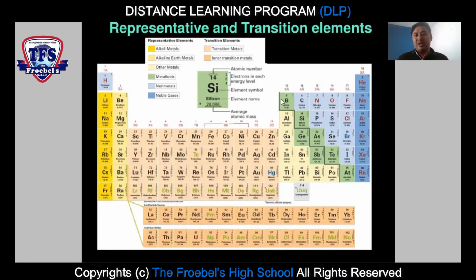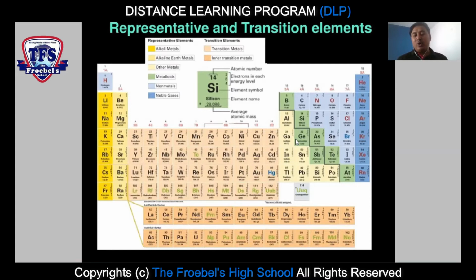Right? And on the staircase, this is the staircase, we get metalloids. Metalloids are found in the P block, the right side portion from group 3 till 8. That's your P block. Metalloids are the elements having metallic and non-metallic properties.